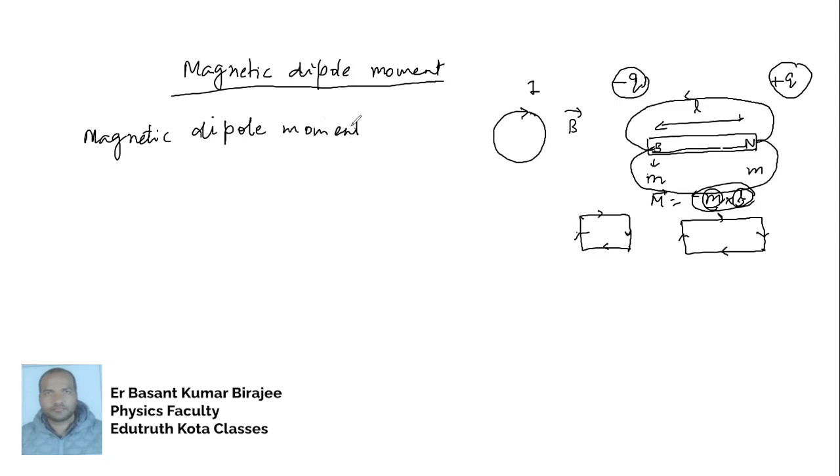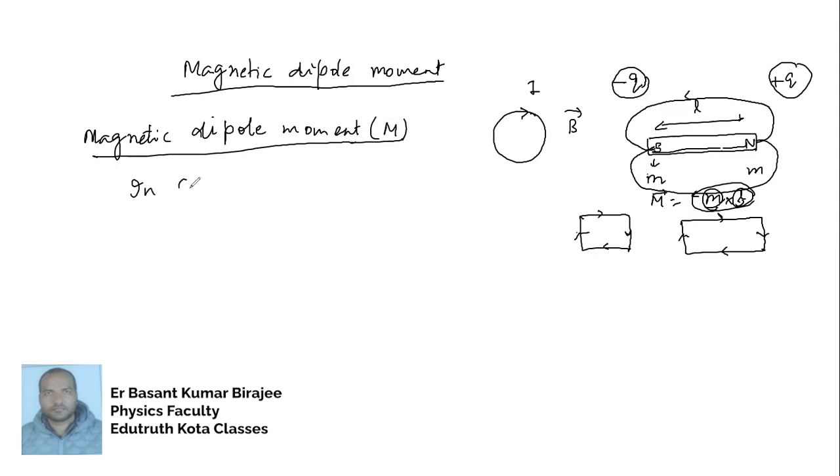So a current carrying loop has a magnetic field, and let's see how to calculate the magnetic dipole moment.